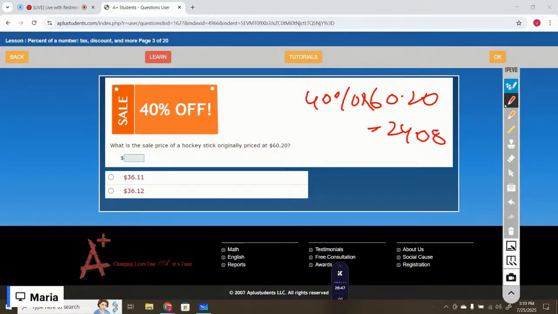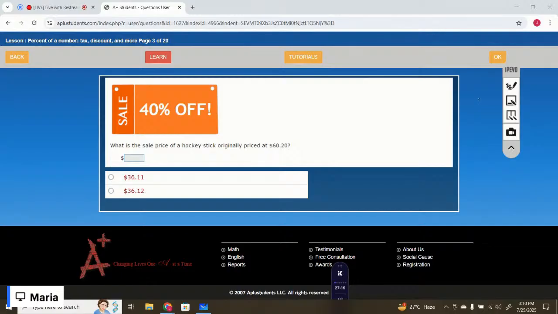So we have to do 60.20 minus 24.08. That is 36.12. Option number two is the correct option.